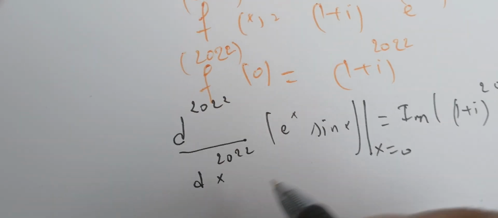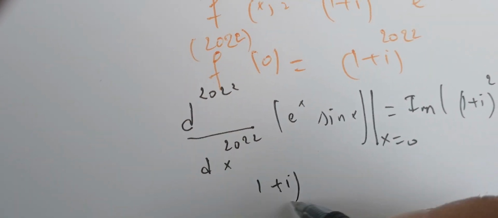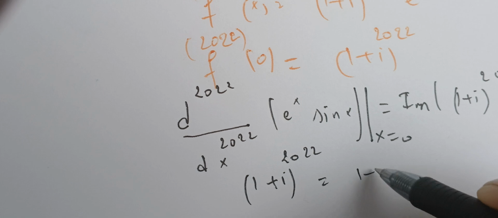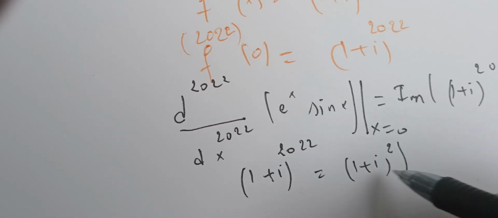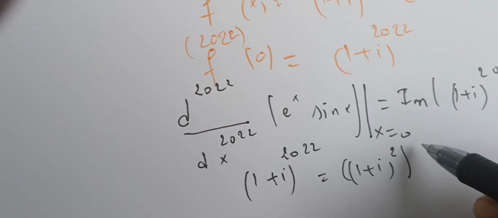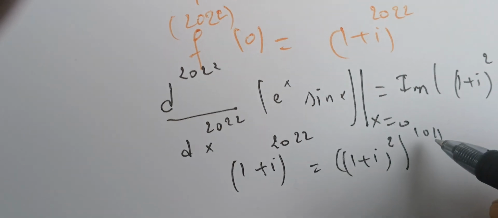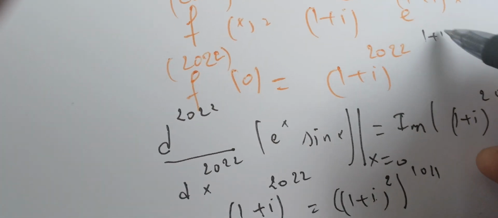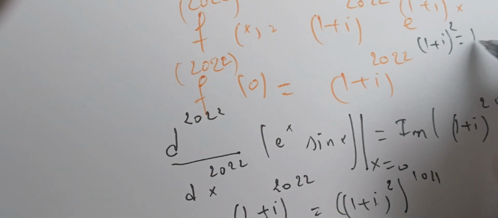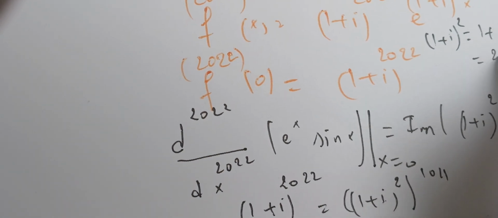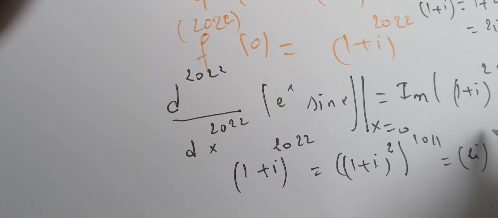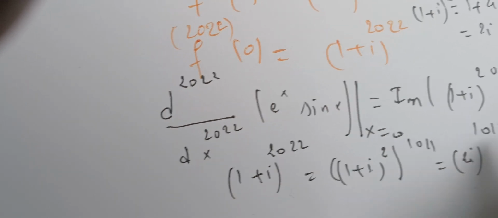We see that (1 plus i)^2022 is ((1 plus i)^2)^1011. We can compute (1 plus i) squared as 1 plus 2i minus 1, which is 2i. Therefore, this is (2i)^1011.